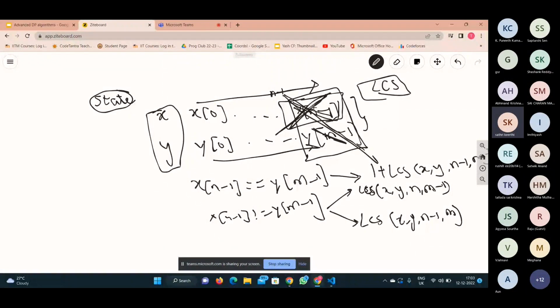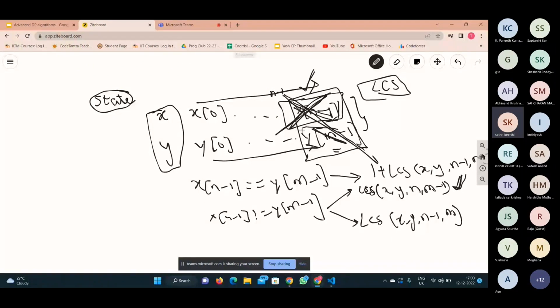So LCS of x, y, n comma m minus 1. If this term is there in the LCS, this term cannot be there because this is the last term, and this term is not equal to this term, so that cannot be there. This term cannot be there in the LCS if this term is there.